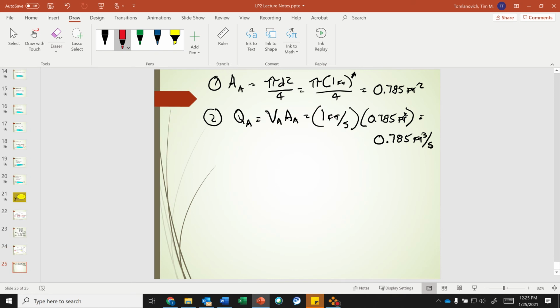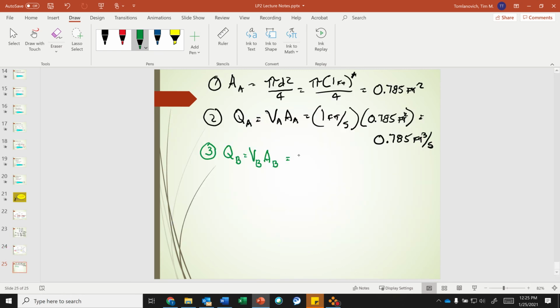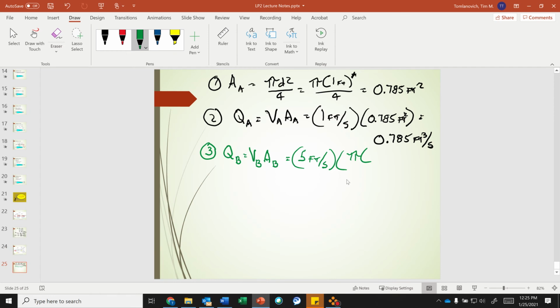So step 3, we're going to find the Q at section B, which equals the velocity at B times the area at section B. The velocity is 5 feet per second, times pi times d squared, where 4 inches is 0.33 feet.